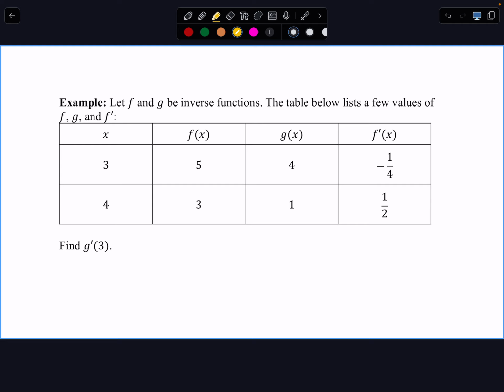So f and g are inverse functions. We've got to find g prime of 3. Well, g prime of 3 would be 1 over f prime of g of 3. Once you know that, it's basically just plugging in the values.